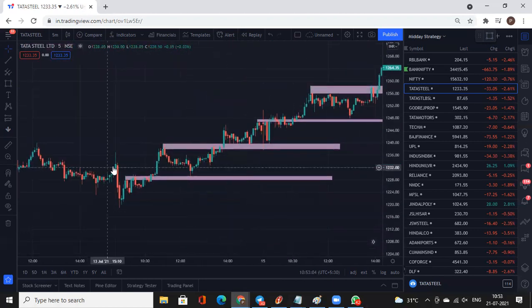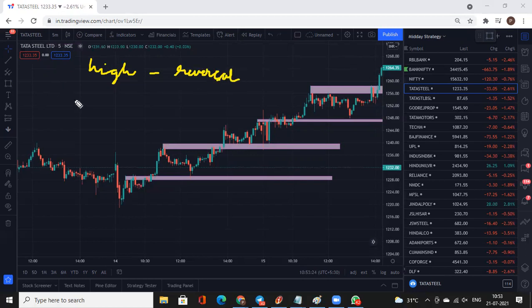So this is what I said: series of lows forming, right? So whatever we currently thought is for high, and then reversal. Now what we are going to do is low, and then you're going to say reversal.